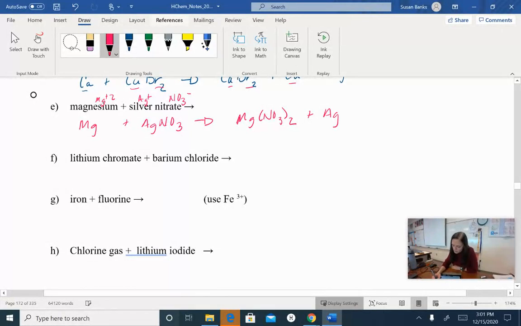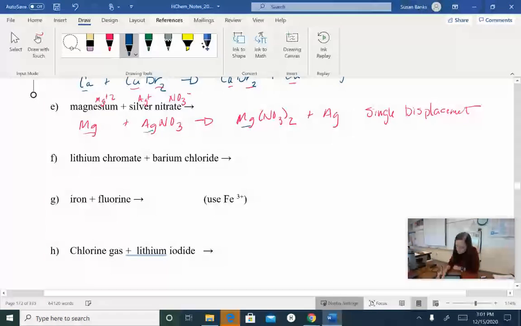So this is also a single displacement. Now let's go back and balance this. So I've got one magnesium. That's okay. One silver, one nitrate, two nitrates. I need to double this up, which means I also need to go and double up my silver.